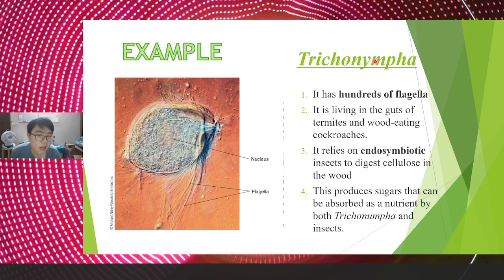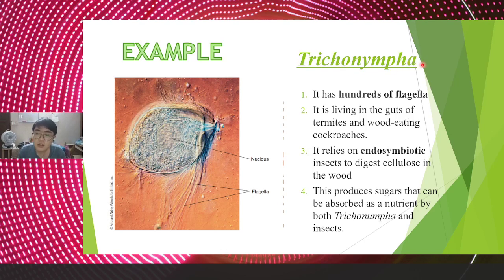There are 3 example species that you have to learn. The first example is Trichonympha. For this species name, it is the same as algae. If you want to write the example, actually it is not a species name, it is a genus name only.